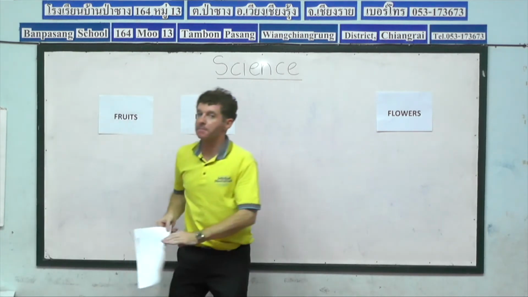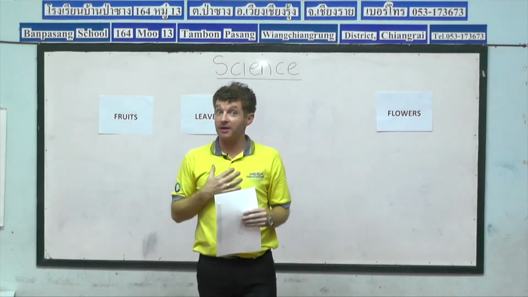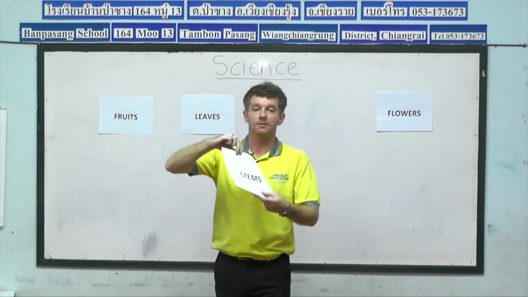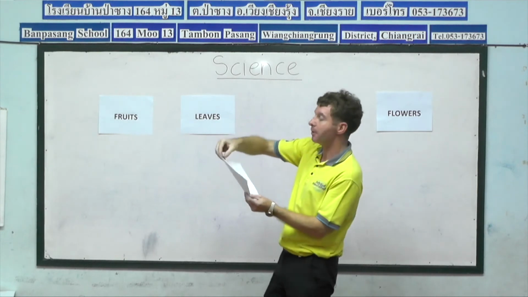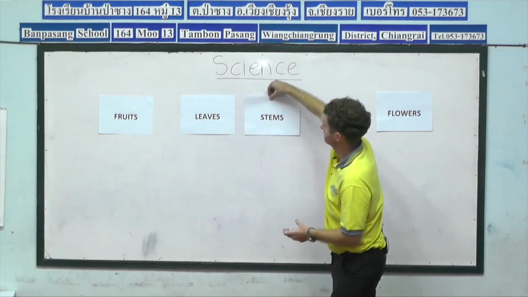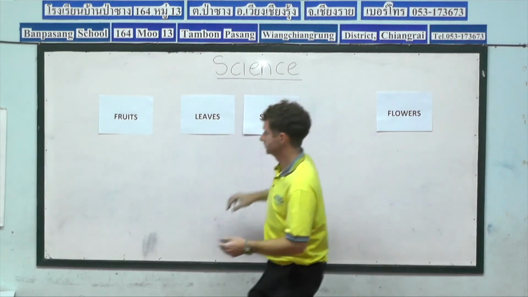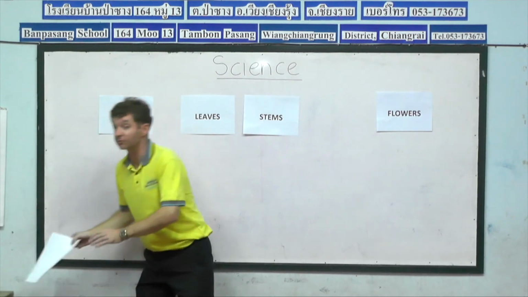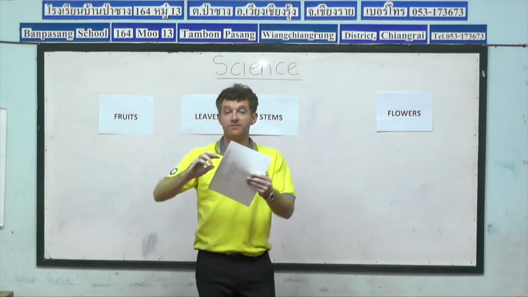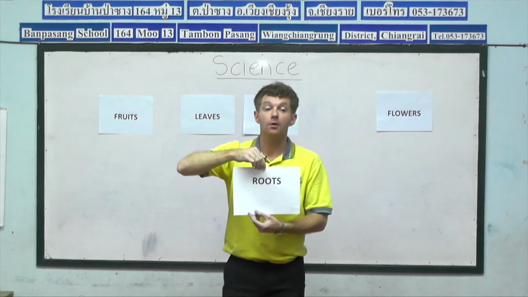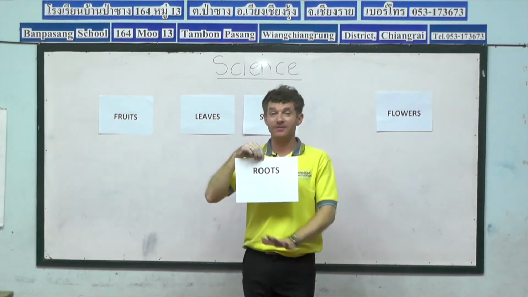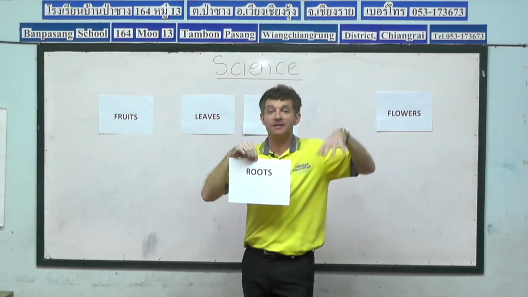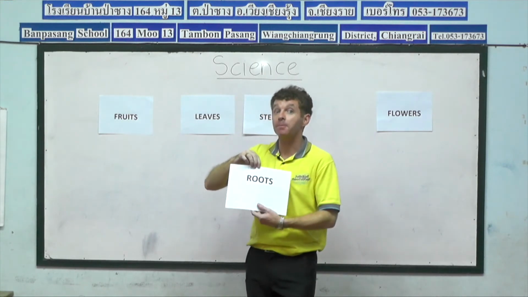And then one of the main parts of the plant, which I refer to as the skeleton, stems, okay? Stems is like the main body of the plant. And finally, also a very important part of the plant, what keeps it in the soil, roots. Okay, roots are very important and you hardly ever see them because they're what go underground and keep the plant in the soil.